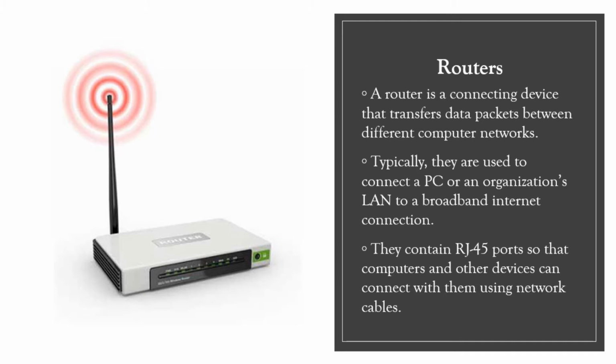A router is a connecting device that transfers data packets between different computer networks. Typically, they are used to connect a PC or an organization's LAN to a broadband internet connection. They contain RJ45 ports so that computers and other devices can connect with them using network cables.